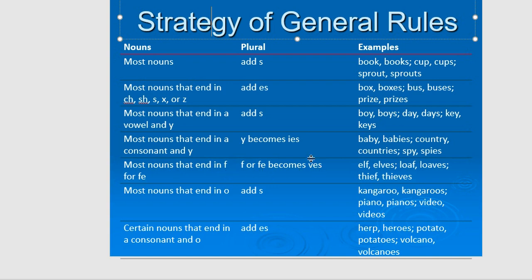So we learned since childhood that any word that ends with f can be changed with ves, like elf, elves, loaf, loaves, thief, thieves, wife, wives. These examples we can also find in the book.